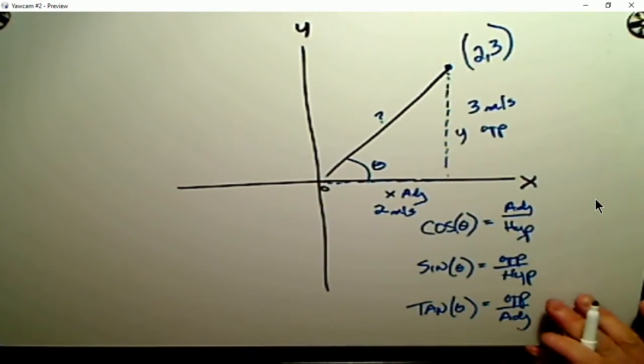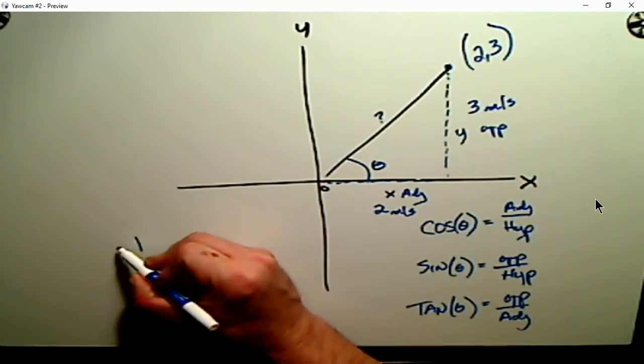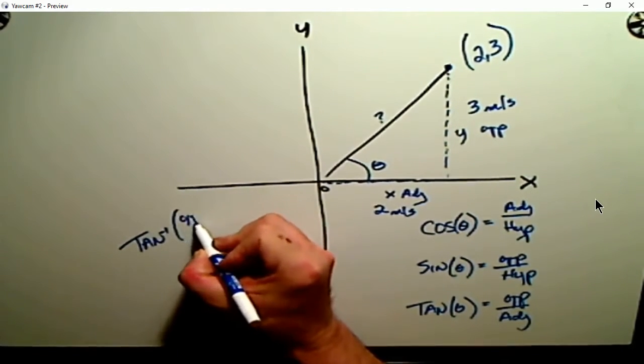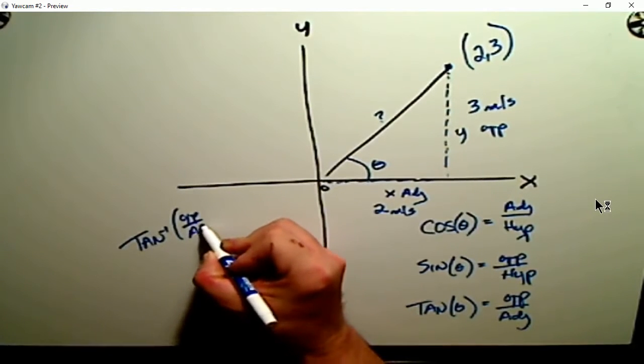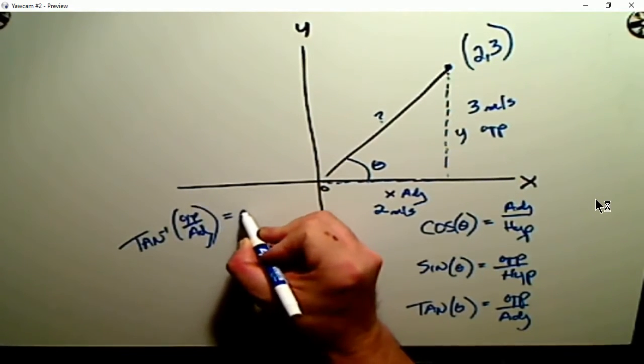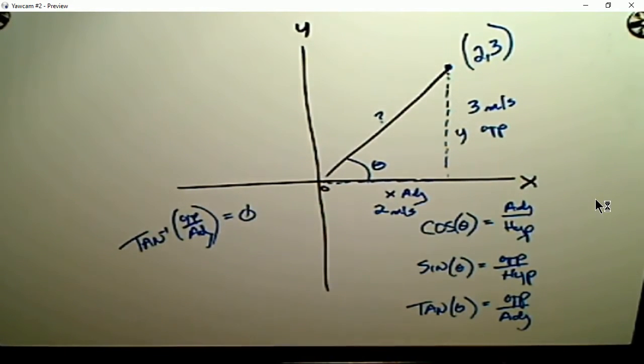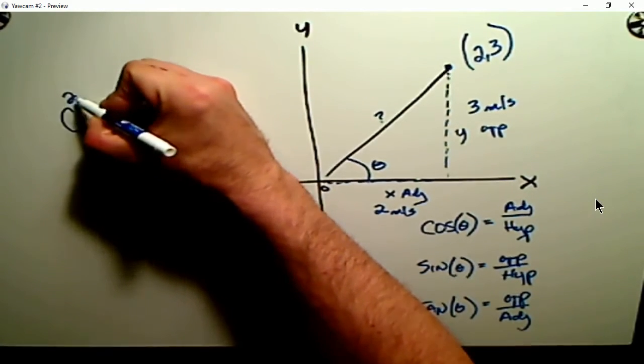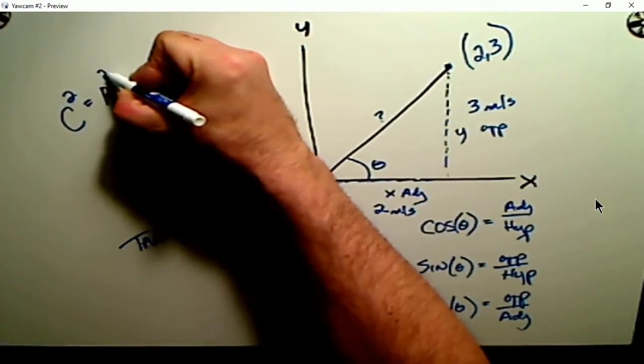If I have the opposite and adjacent side, I can get the angle by doing tan inverse of opposite over adjacent. That will give me my angle. Now, I could also get what this hypotenuse is using Pythagorean theorem: c squared equals a squared plus b squared.